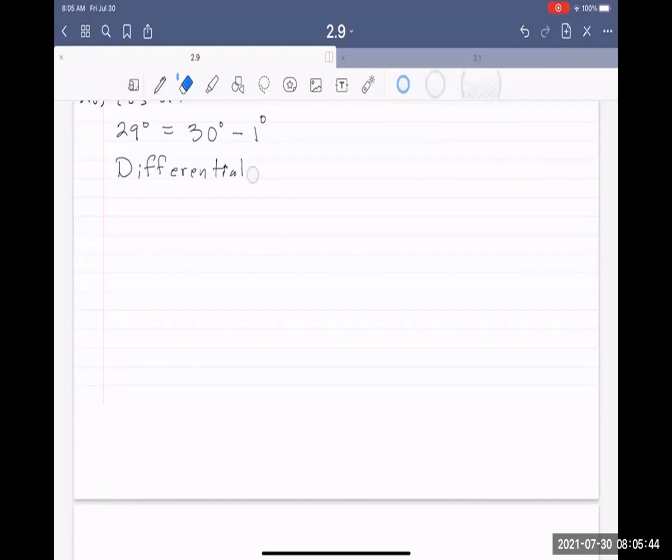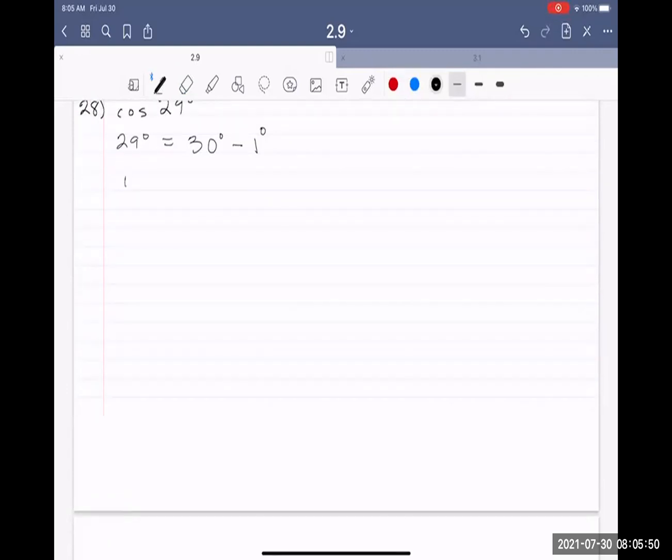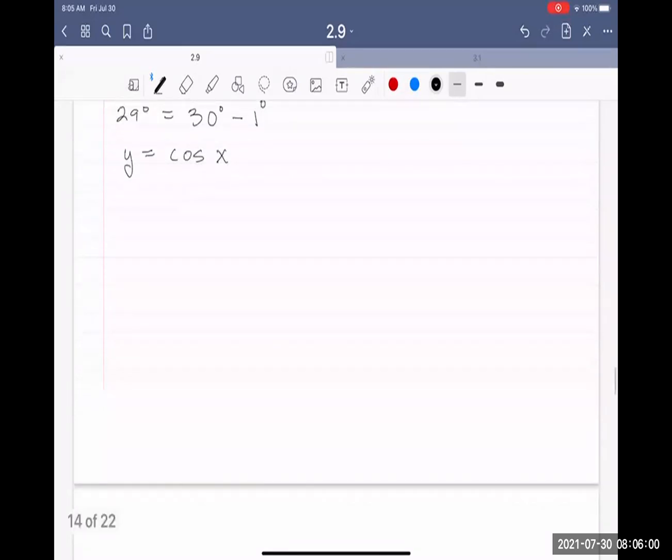I also want to use the fact that my y should be cosine of x. So let's use my differential approximation.